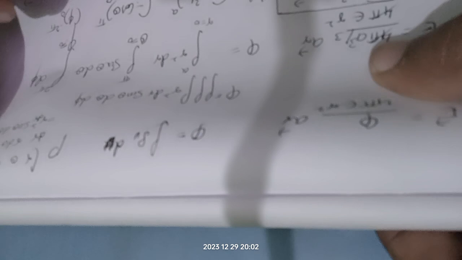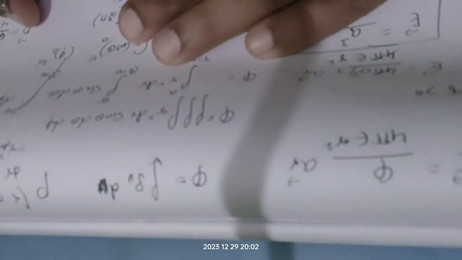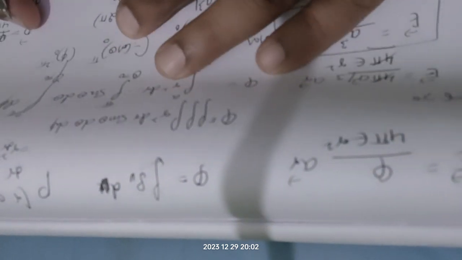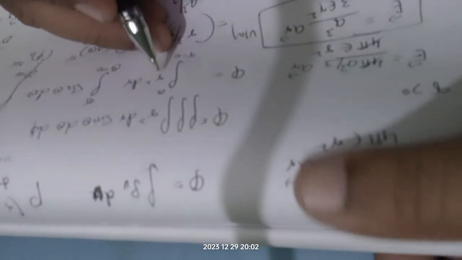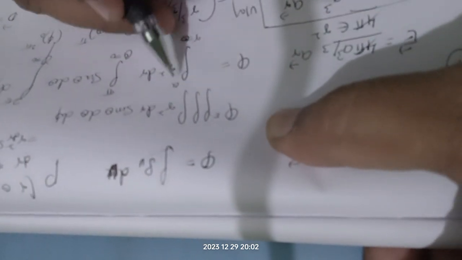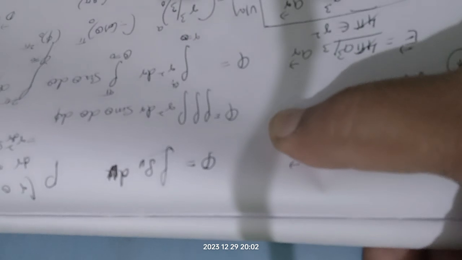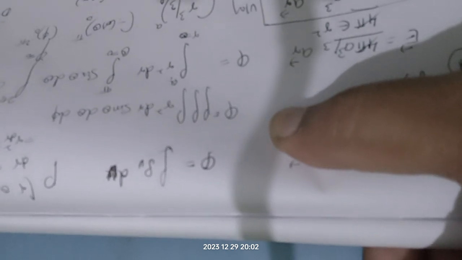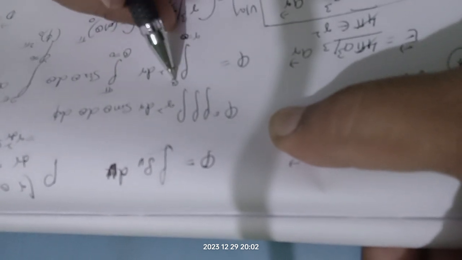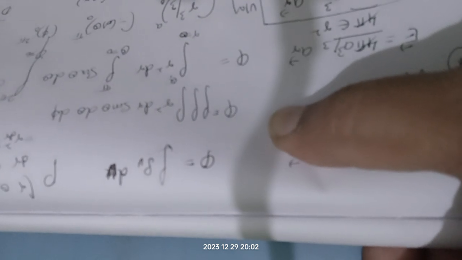So here the volume integration for case number 1, 0 to a, we have considered. In this case we should consider this as r only, because it is r less than a. You can observe this diagram.